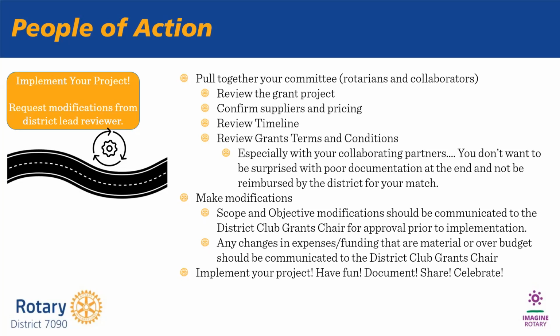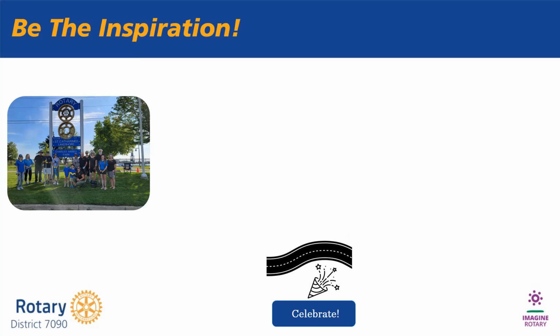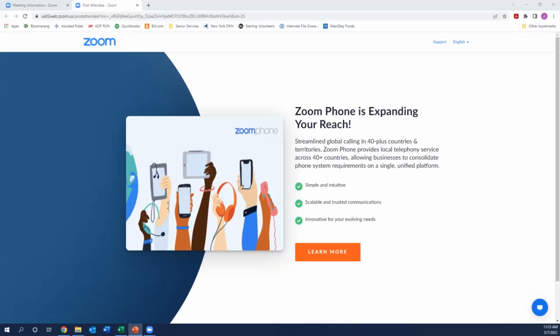Make any modifications that need to come up, implement your project, have fun, document, share, and of course, celebrate. So being the inspiration, how do your clubs celebrate your projects? How do you let the community know all the good work you've done? What are some best practices?